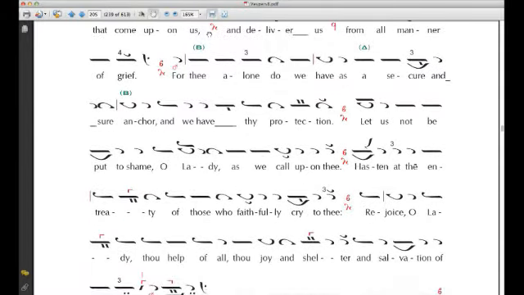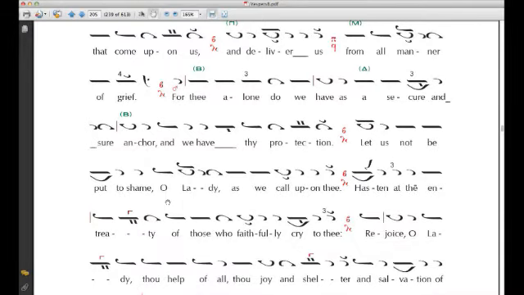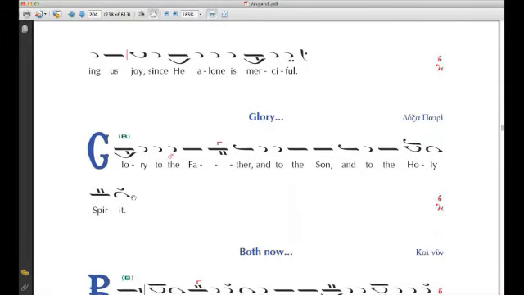Rejoice, O Lady, thou help of all, thou joy and shelter, and salvation of our souls.